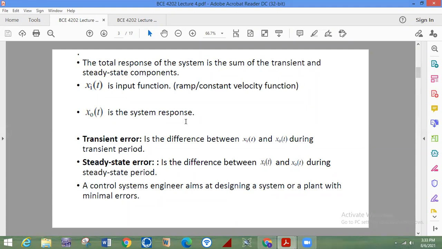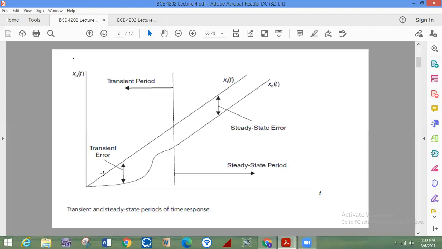So transient error. What is transient error? We've seen that this is the difference between the system input and its output during the transient period. That is the transient error. Clearly, this should be simpler to comprehend.